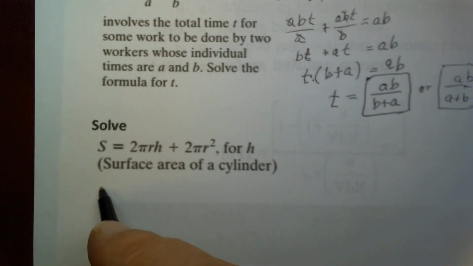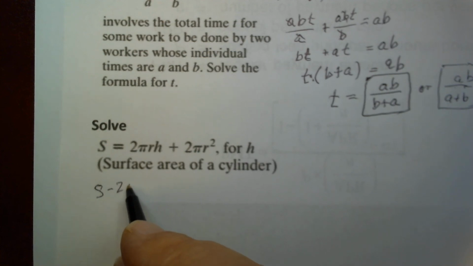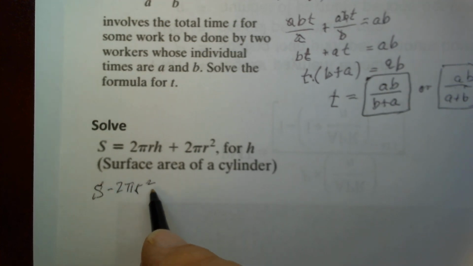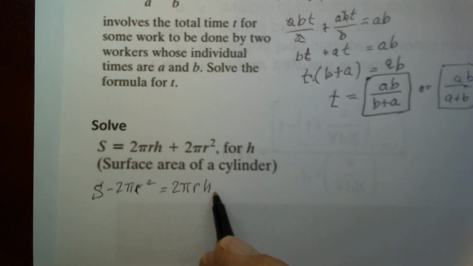So then we get S minus 2 pi r squared, that's a capital S, equals 2 pi r h.